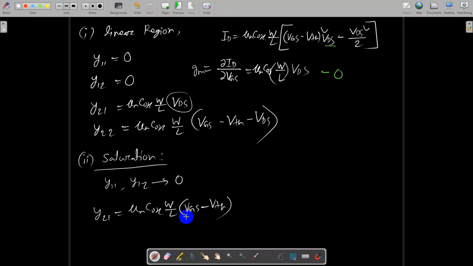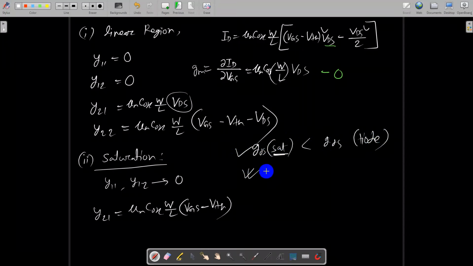So the same formula, but the thing is your GDS in saturation is less than your GDS in triode. We want our Y22 as small as possible, so we go for the saturation region to be an amplifier.